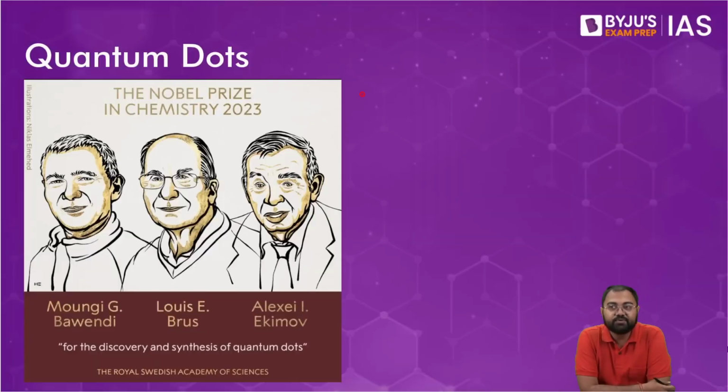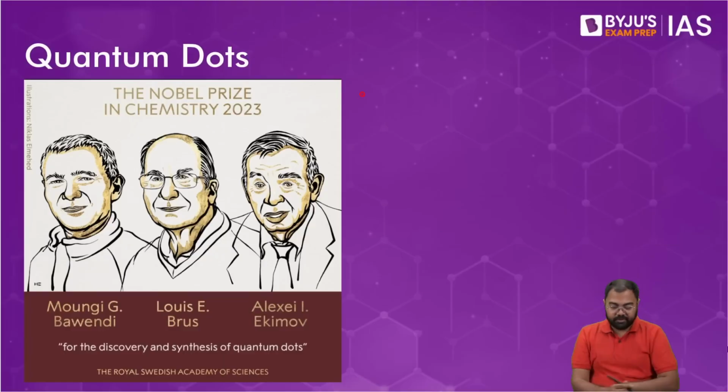So from the perspective of next year's examination, probably quantum dots are going to be very important. But they'll not go into the details because the chemistry of quantum dots is very heavy. It's very difficult to even understand what's going on there. So some of the basics related to quantum dots is what we need to understand.